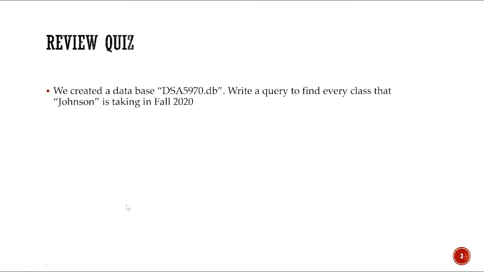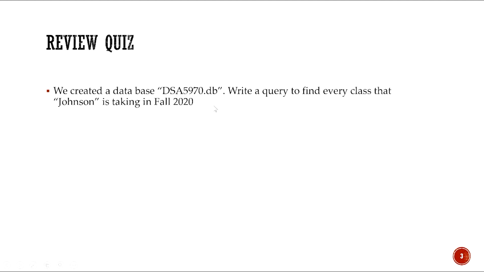Last time, we created a database named DSA5970. Now, let's try to write a query to find every class that Johnson is taking in fall 2020. In this database, we had two tables, students and takes.